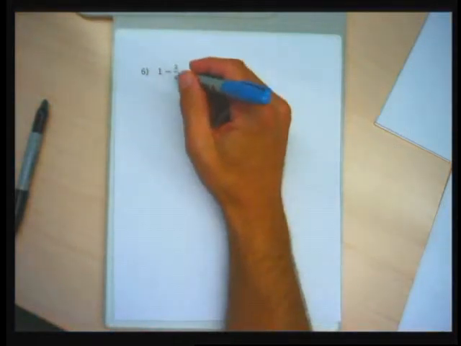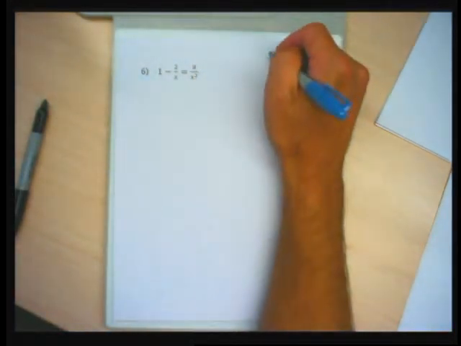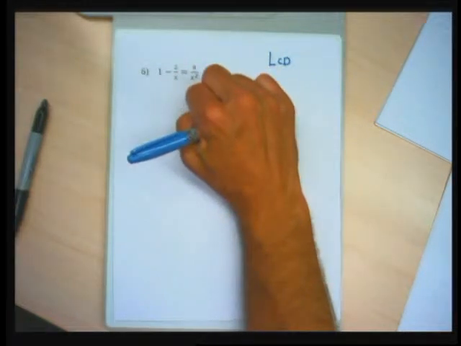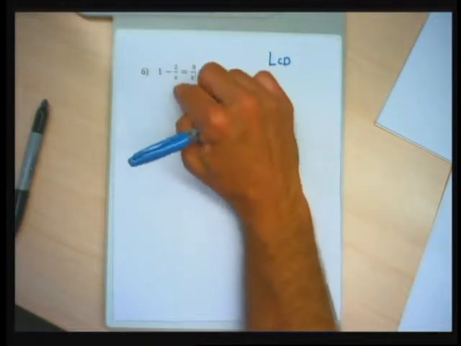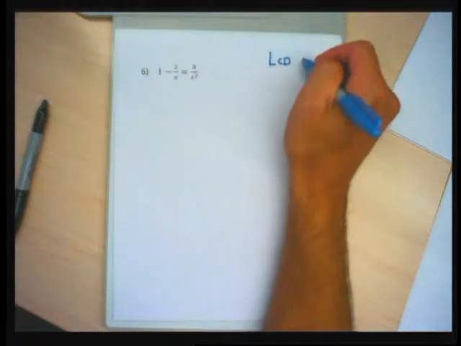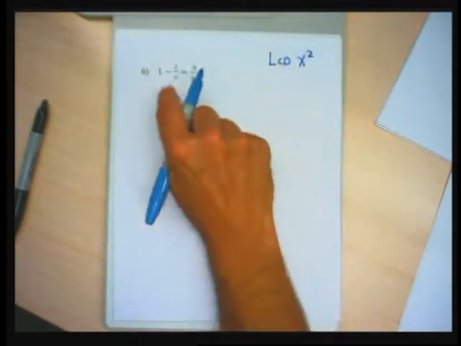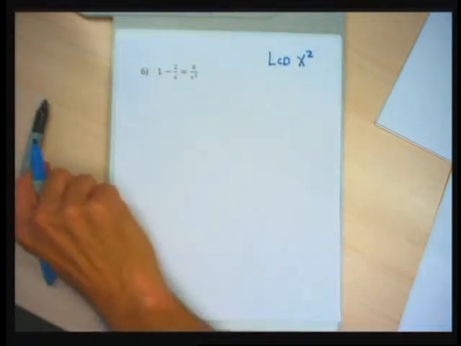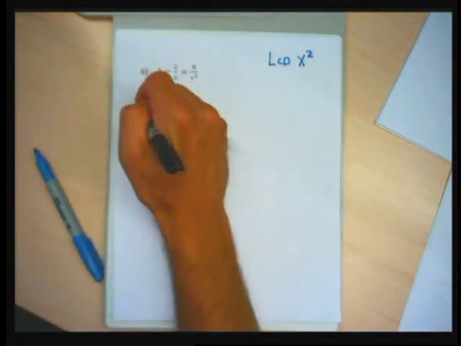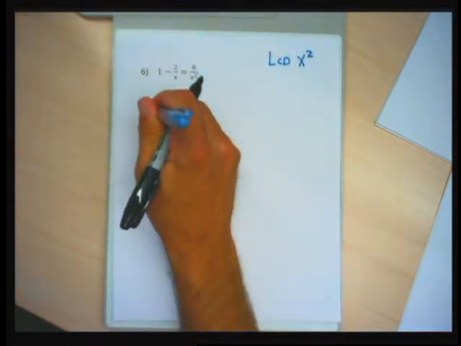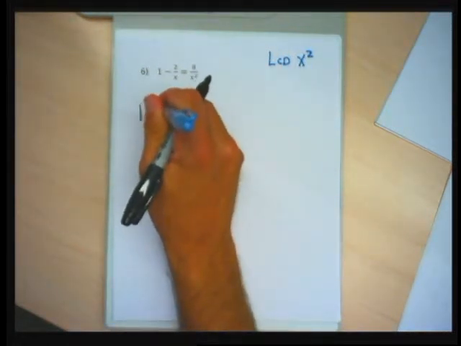If I look at my denominators in number 6, I see an x and 2 x's. Multiplying by 2 x's, or multiplying by x squared, is going to clear the fractions because it's the larger of the exponents. So what I'm going to do is multiply each term by x squared over 1. I'm actually not going to multiply the 1 by x squared over 1 because it's not a fraction.